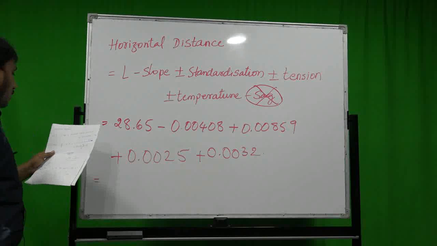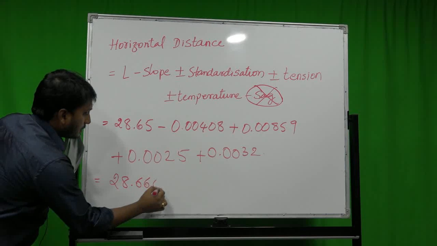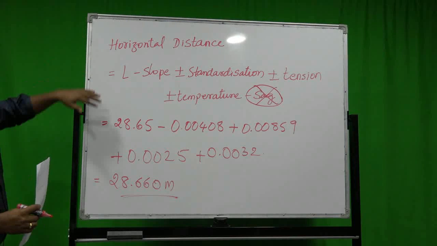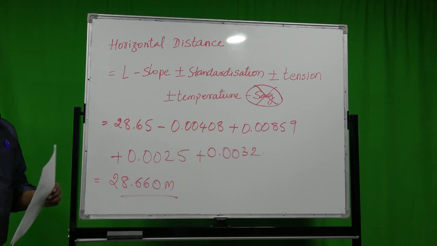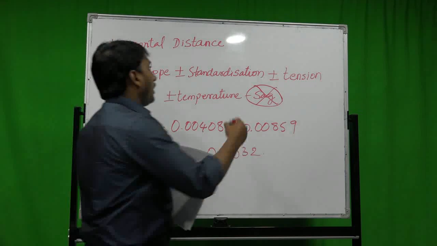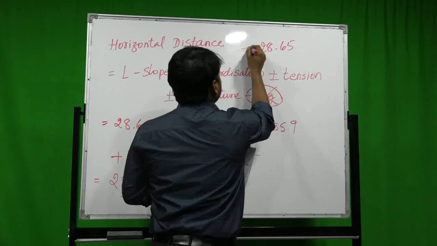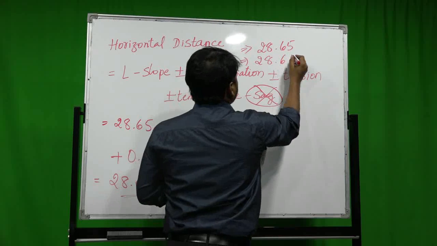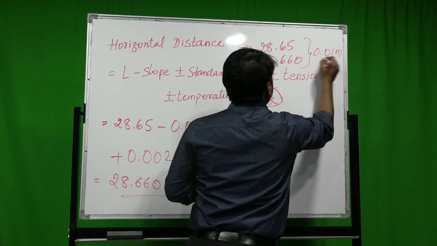Once you solve this, you will get 28.660 meter. So the horizontal distance after these corrections is 28.660 meter. If you want to calculate the error, the original measured length is 28.65, and you got 28.660, so the error is 0.01 meter.